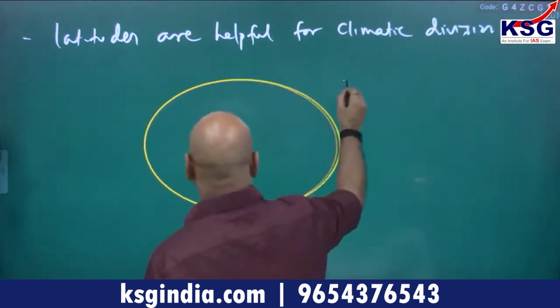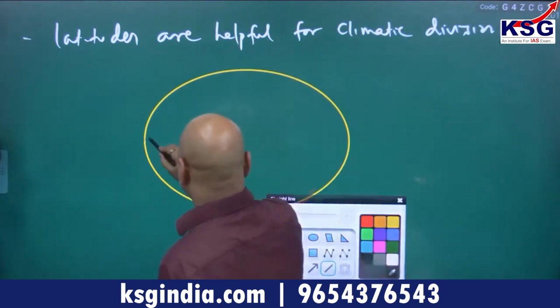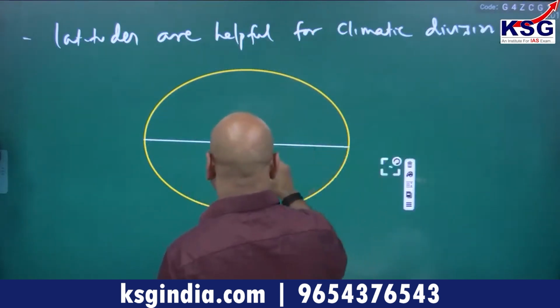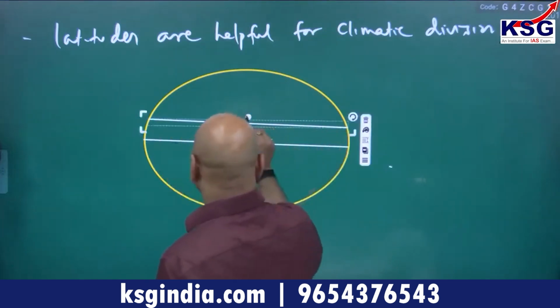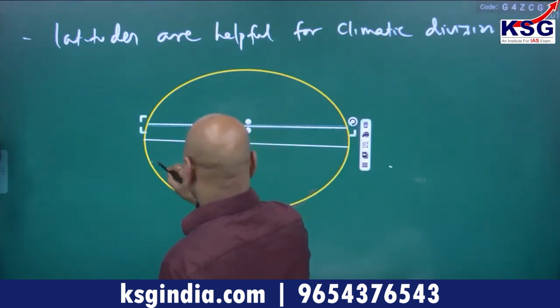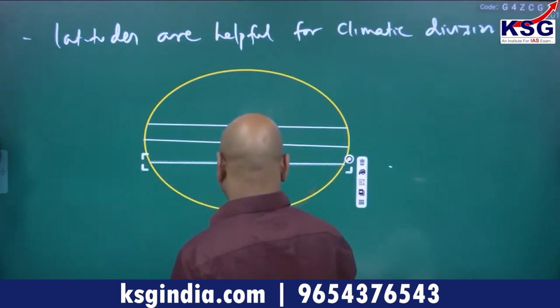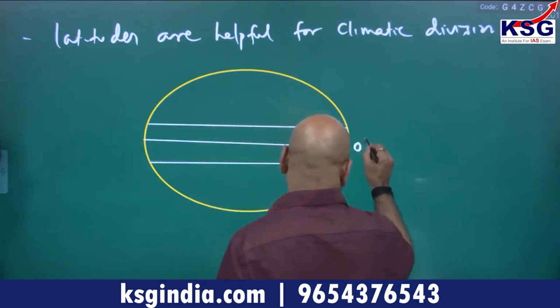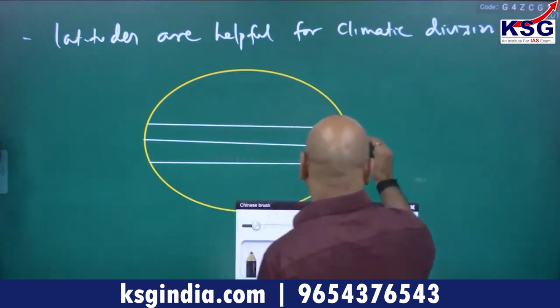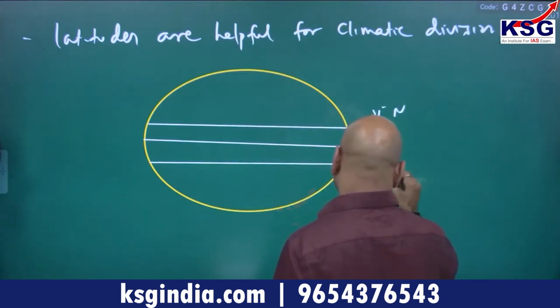We know if this is 0° latitude at the equator, this is 30°. Zero degree, 23.5° north, 23.5° south.